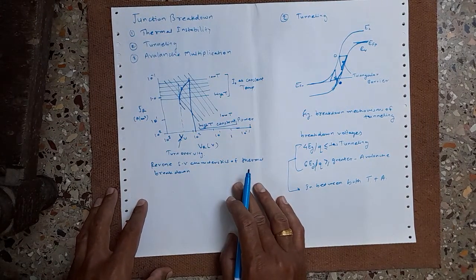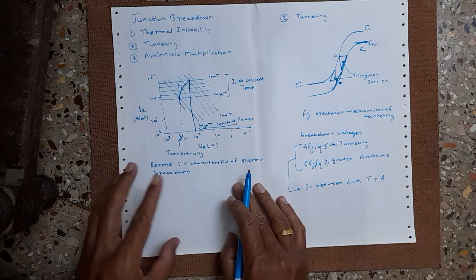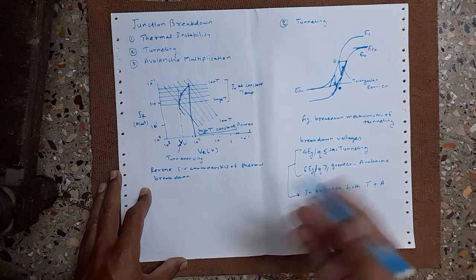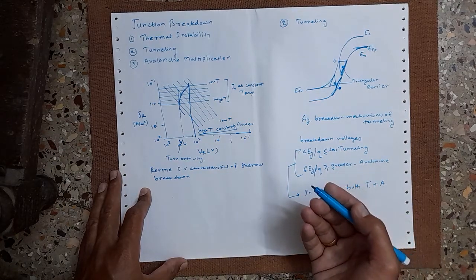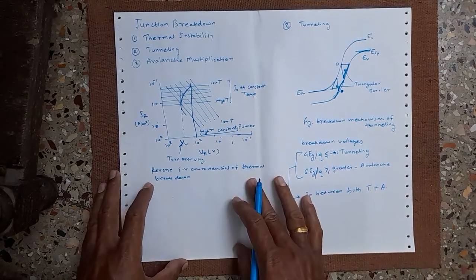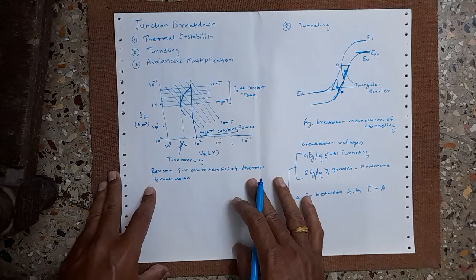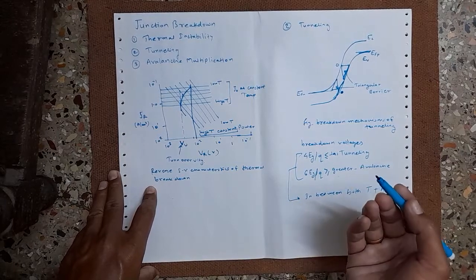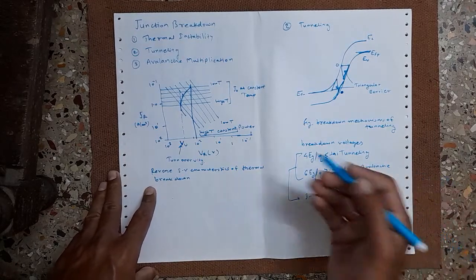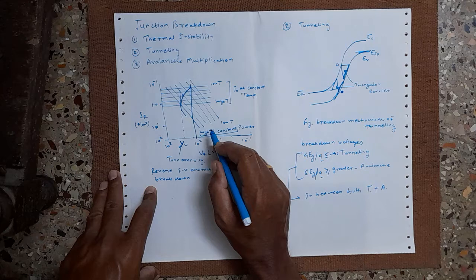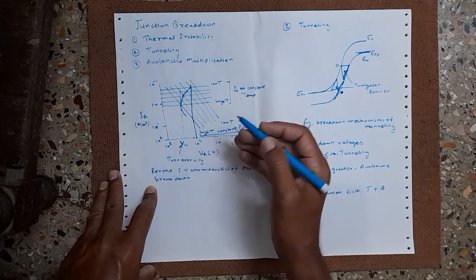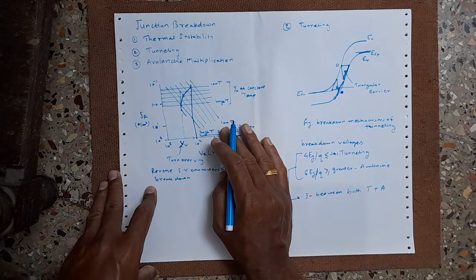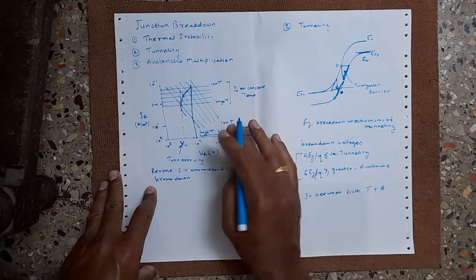Thermal instability is related to temperature, so this is due to the temperature effect or thermal effects. This type of instability is responsible for the high dielectric strength in most insulators, particularly at room temperature, because room temperature has sufficient energy to cause junction breakdown.